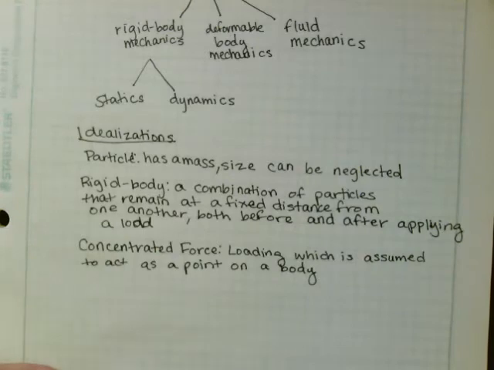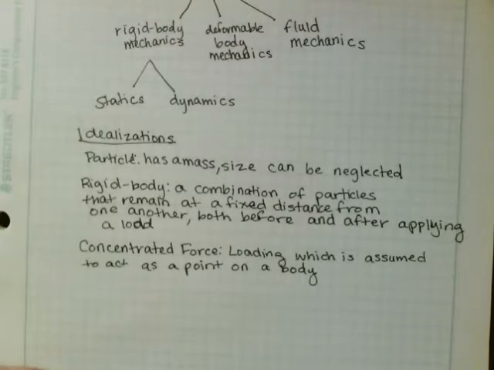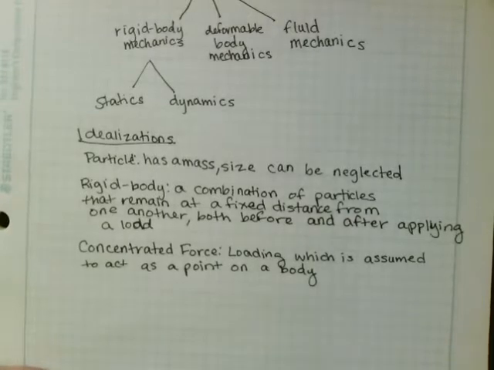So that's the same type of thing with a wheel. The force from the pavement is going to act directly at the bottom of the wheel. It won't be distributed at all.